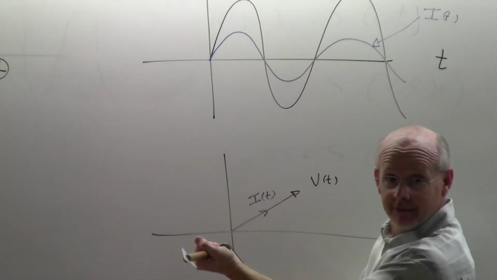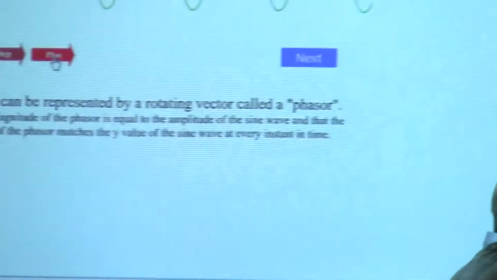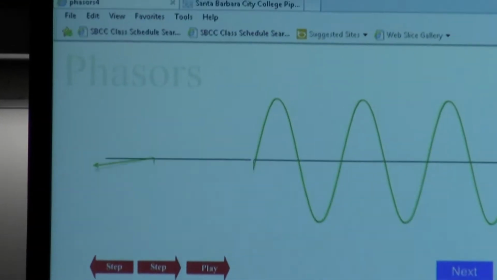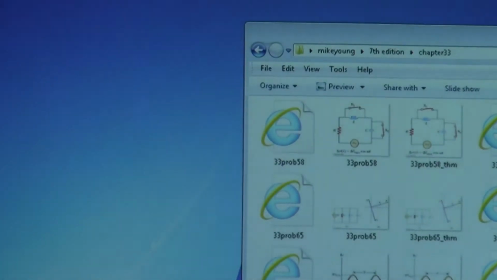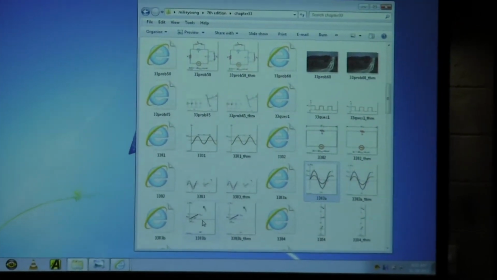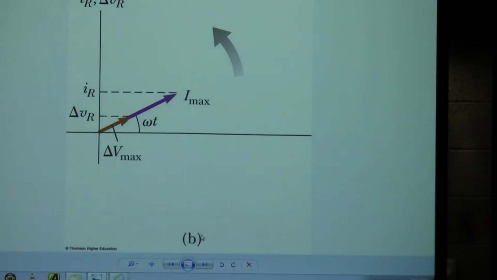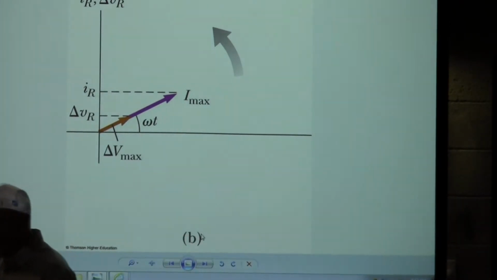that looks like that. In your lab manual, your author says, here's that graph. Now it looks like he made his current bigger than his voltage.